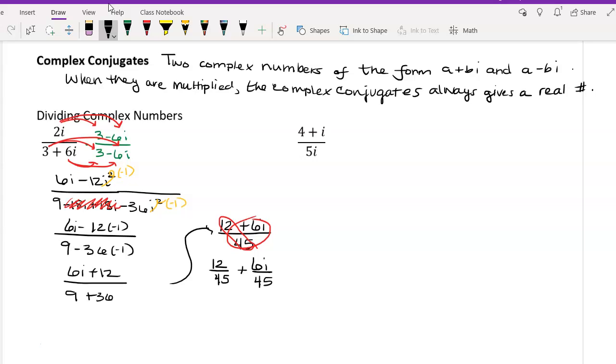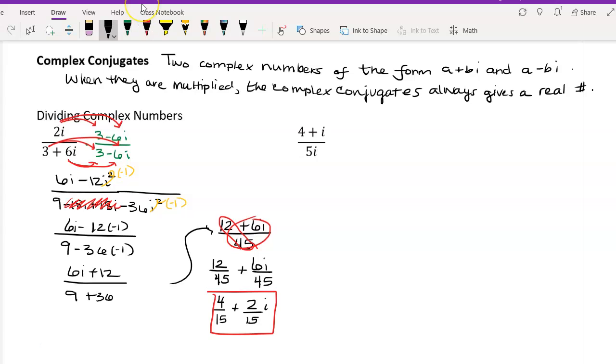When we take out our handy dandy calculators, 12 divided by 45 simplifies down to 4 over 15, and 6 over 45 simplifies down to 2 over 15. And this is where we tack on that i value. And there we have it, friends. That is our final answer for simplifying that complex number.